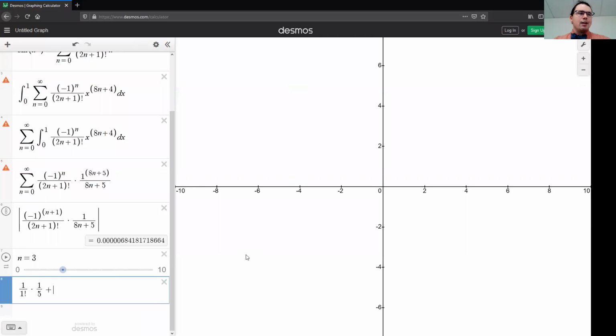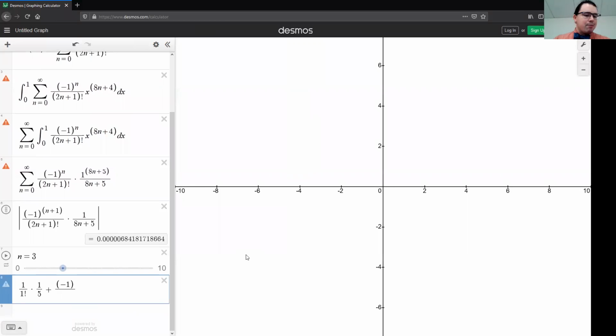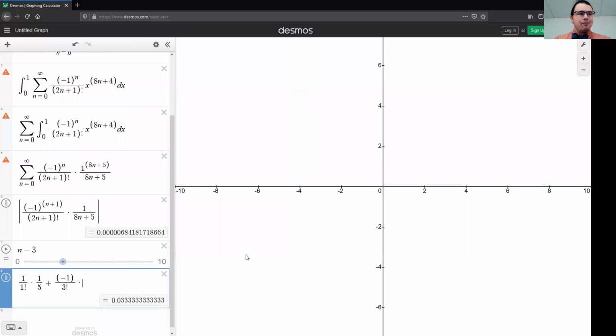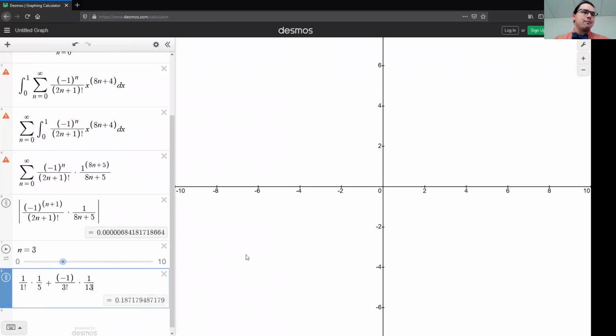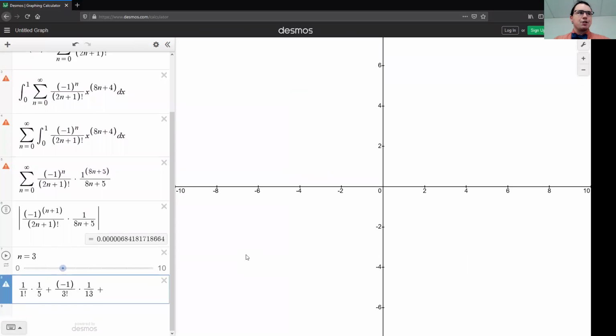Let's add on the number 1 fraction. For the number 1 fraction, I've got negative 1 to the power 1. I'm dividing this by 3 factorial. I'm multiplying by 1 over 13.